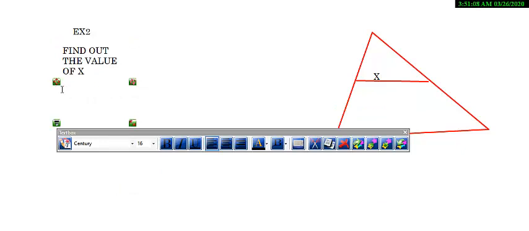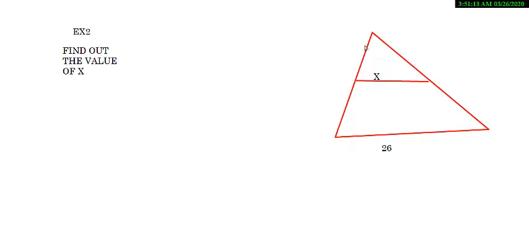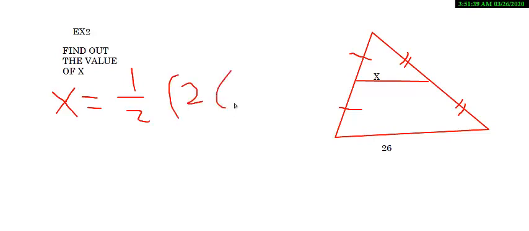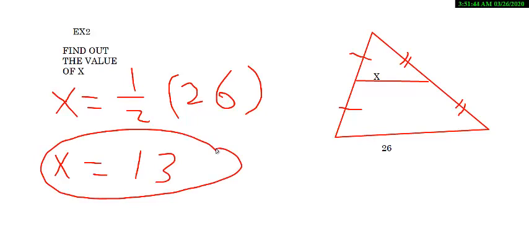I forgot to mark the segments: this segment is congruent to this segment, and this segment is congruent to the other one. So this segment stands for the midsegment, which is x, and the third side, 26, is opposite to it. So x is half of 26. x equals 1/2 of 26, so x equals 13, and this is the answer for this question.